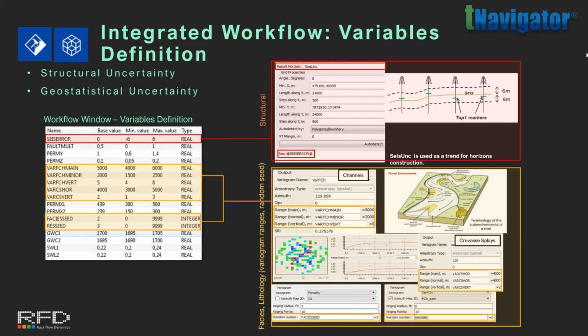But here everything is possible. For geostatistical uncertainty, I have an example of having my variogram range, sill, and my azimuth, which will control the output of different phases, channel, crevasse splay, that would control my phase distribution later on.